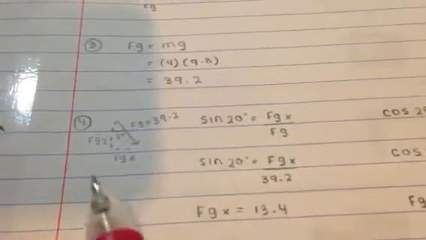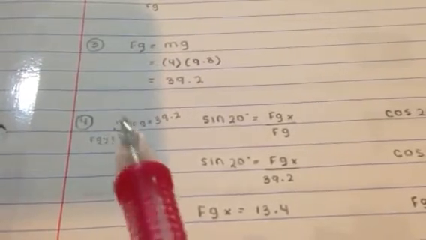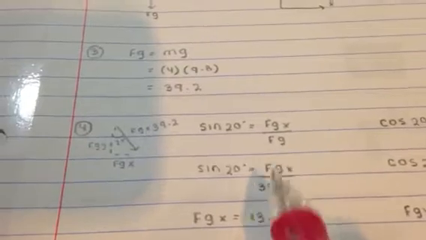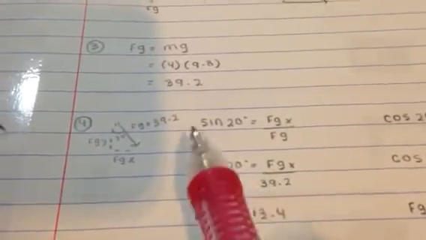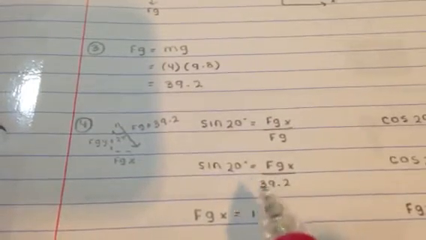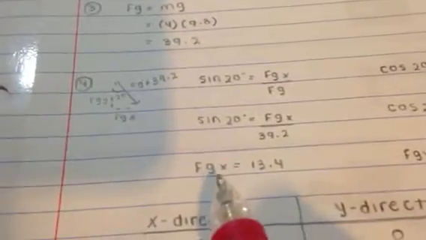So first you find the sine of 20, which equals the opposite over the hypotenuse, so it will be Fgx over Fg. So Fgx over 39.2, which we found here, and then you multiply the sine of 20 times this, and it's going to give you Fgx, which is 13.4.